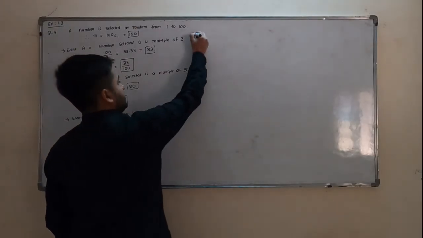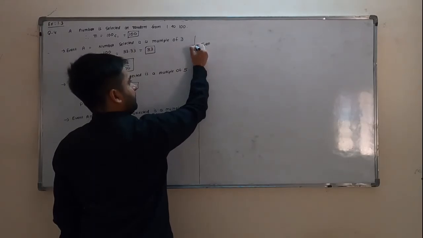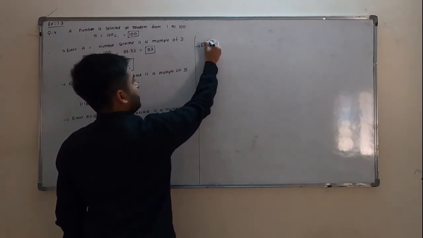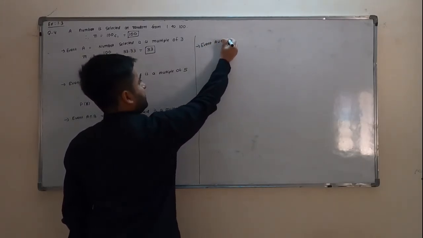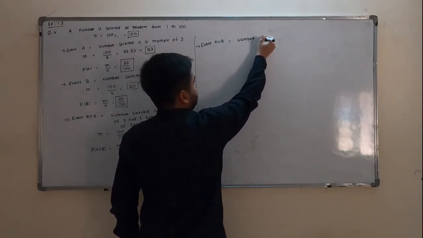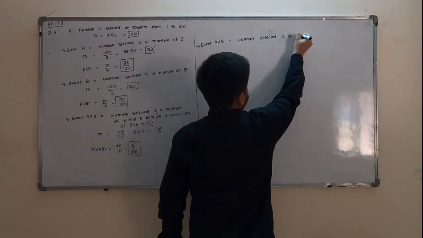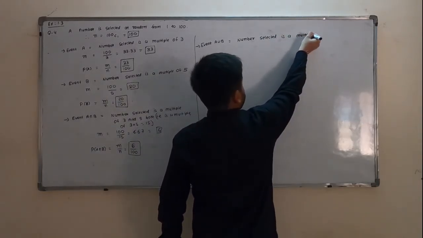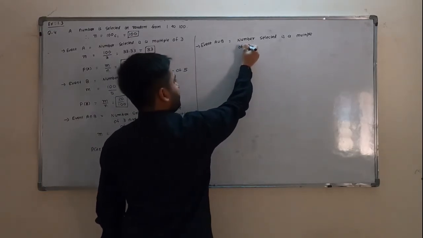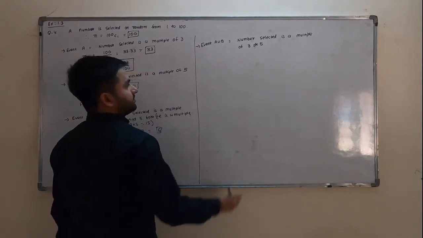And now finally the answer. Event A union B: number selected is a multiple of 3 or 5.